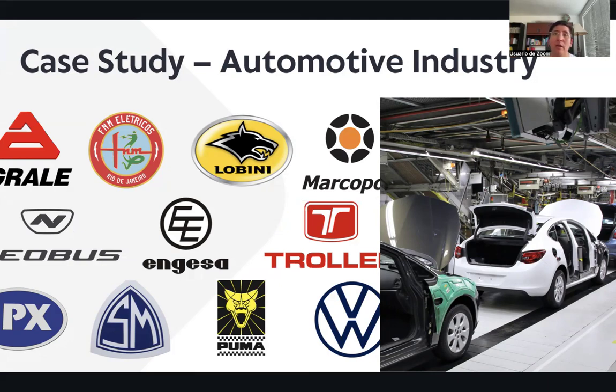Programs like Inovar-Auto have supported national and international companies that invest in innovation and manufacturing, helping Brazil become one of the largest producers in Latin America. These policies have created jobs and boosted industrial growth, especially in regions like Sao Paulo.